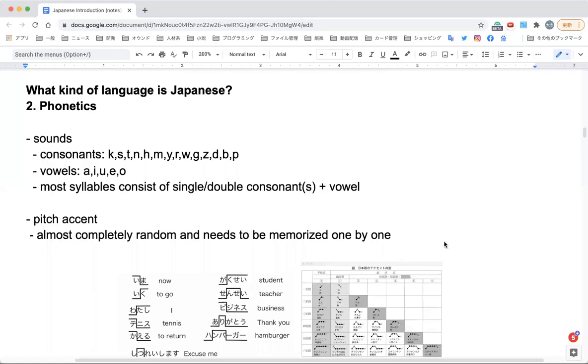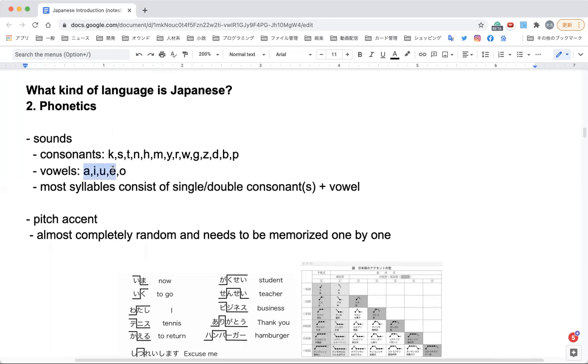Okay, so in this lesson, I'm going to be talking about Japanese phonetics and pronunciation. Starting with the sounds, what kind of sounds does Japanese have? As for consonants, there are these kinds of consonants mainly used in standard Japanese, and as for vowels, only five are mainly used, which is a lot fewer compared to English and many other languages, I would say.